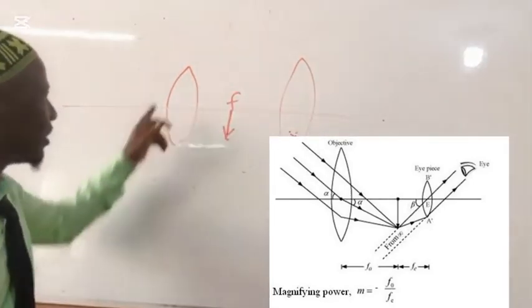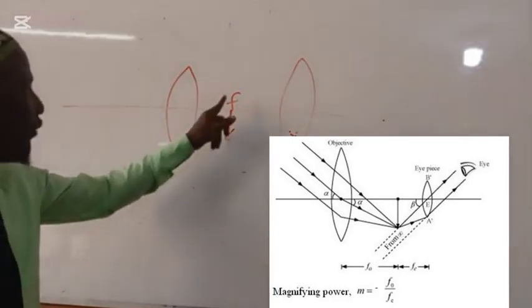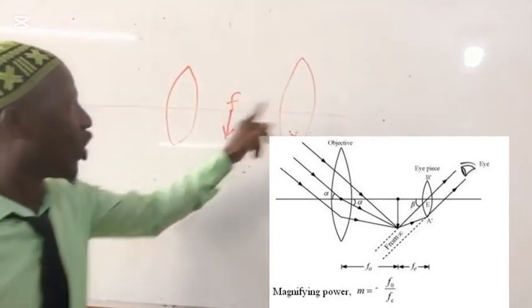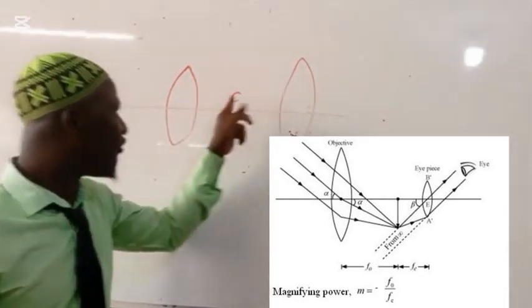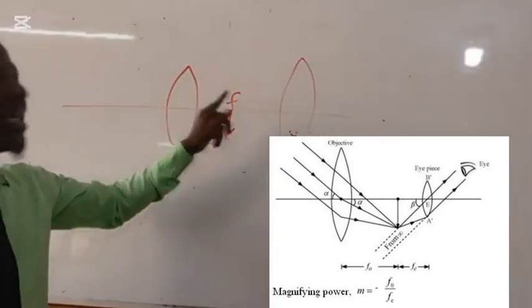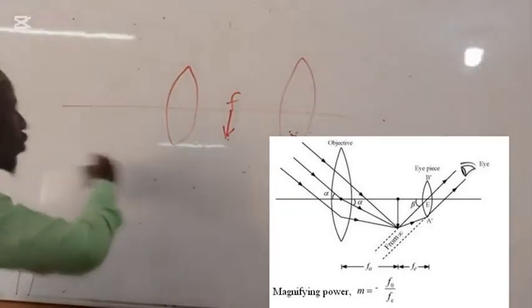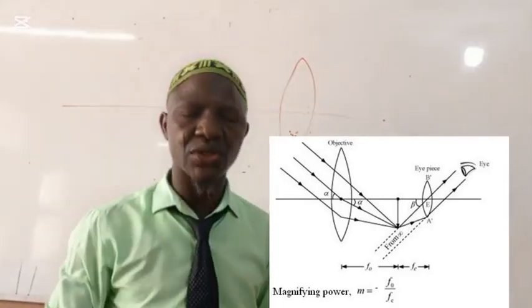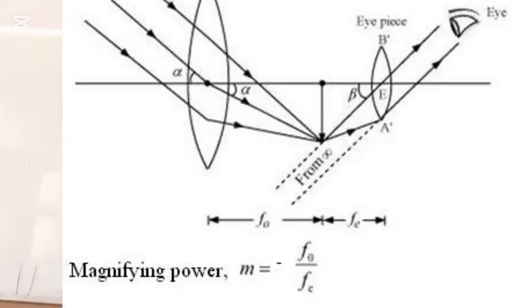So this image formed here at the principal focus serves as the object for this one. If the principal focus of this one is also here, it means the final image will form at infinity. And that kind of arrangement is called normal adjustment.